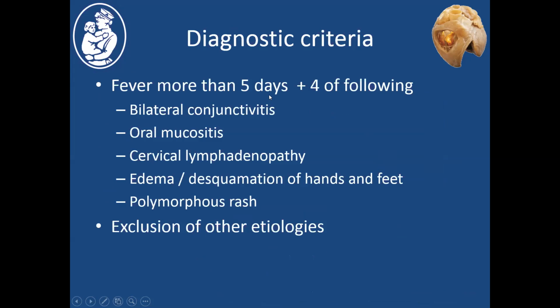This is fever for at least 5 days, and then 4 of the following: conjunctivitis, mucositis, lymphadenopathy, edema and desquamation of the hands and feet, and then a polymorphous rash, and the exclusion of other etiologies, things like toxic shock syndrome or scarlet fever can look like this, some other infectious diseases.